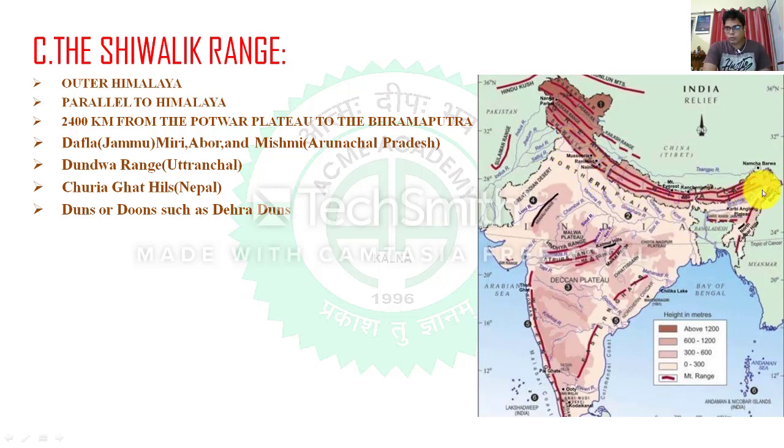So you can find dunes in this particular area, and in this way the name has also been taken, the dunes, the Dehradun. And this is known as the Tarai. So these are the Shivalik ranges.